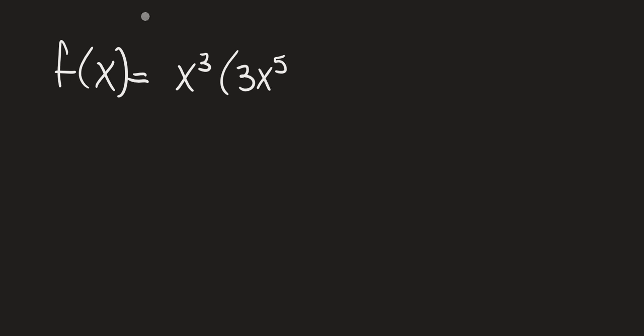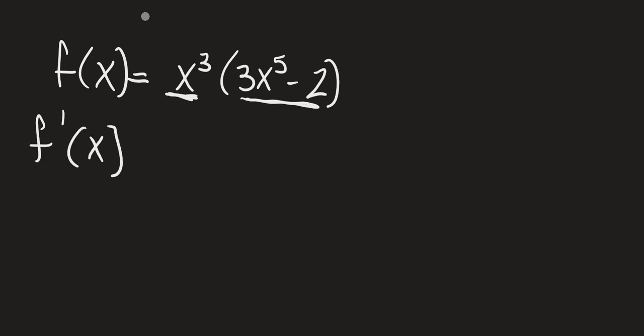The first function that we're going to find the derivative of is x cubed times 3x to the fifth minus 2. Our two functions are x cubed and 3x to the fifth minus 2. So when we take the derivative of f of x, first we're going to take the derivative of x cubed, which is 3x squared.